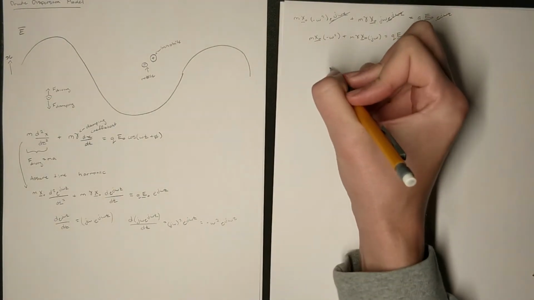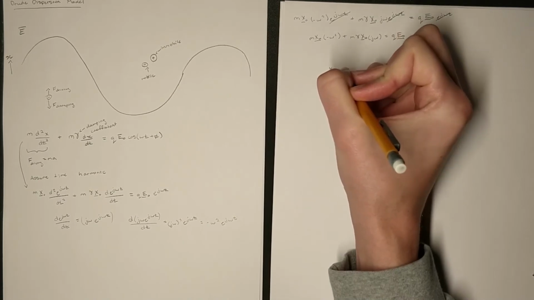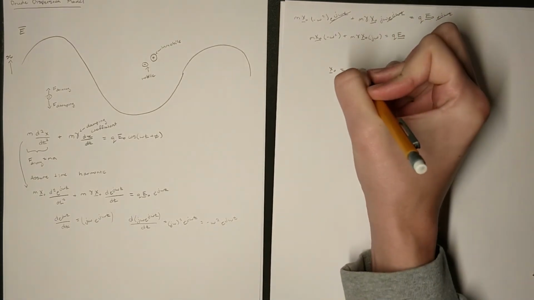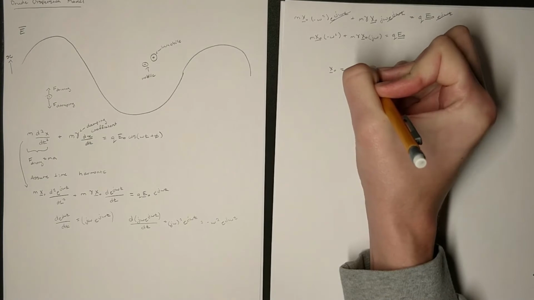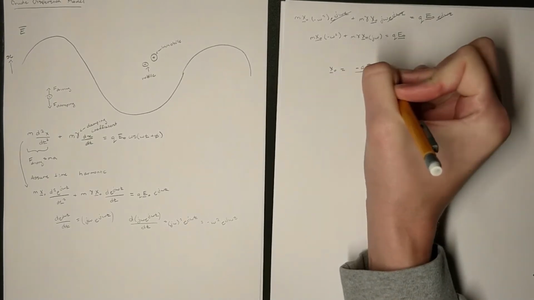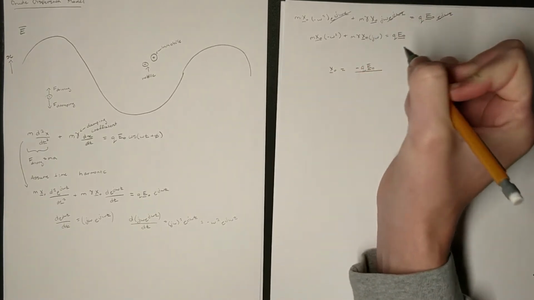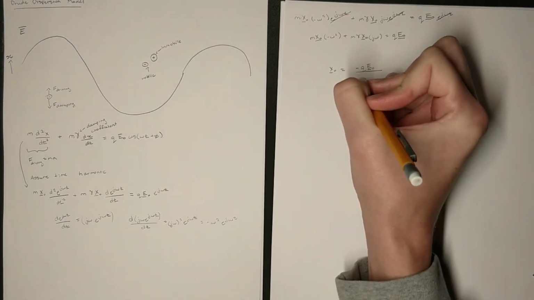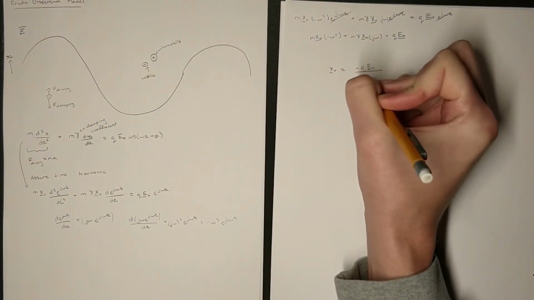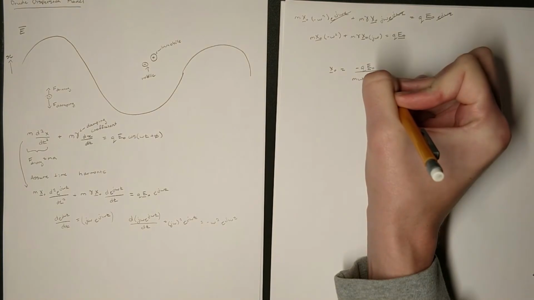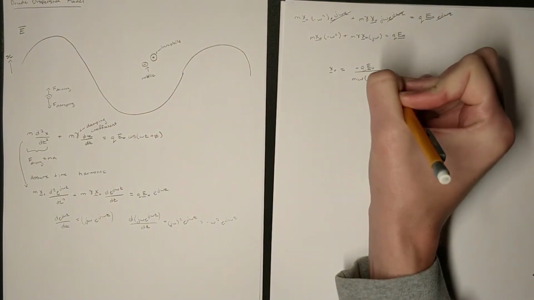Rearranging this for x naught phasor, we find that x naught phasor is equal to negative q E naught phasor over m omega times omega minus j gamma.